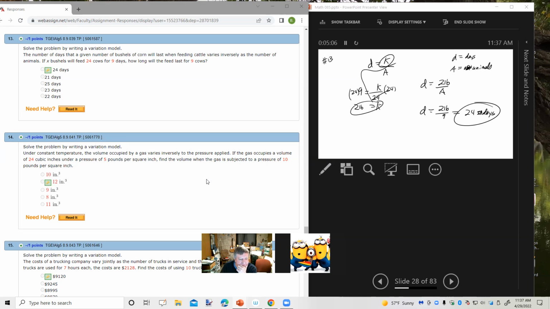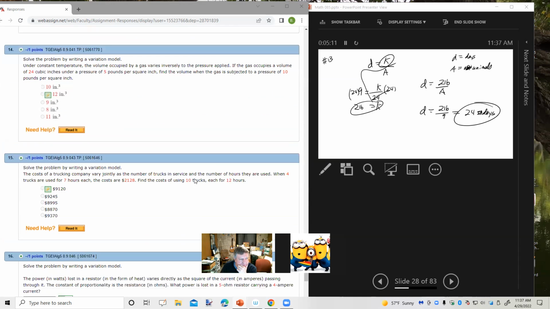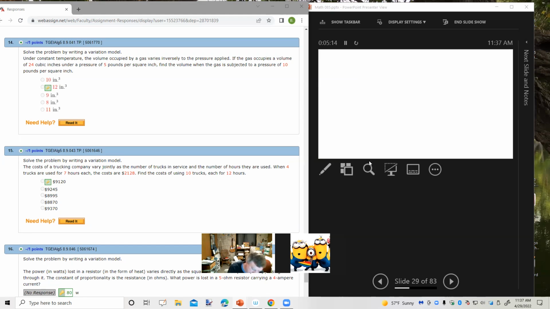I've been having issues with the wording ones. I need number 14. I just want to get more familiar with this so I could be ready just in case there's some in the test. Okay. Solve the problem by writing a variation formula. Under constant temperature, the volume occupied by a gas varies inversely to the pressure applied. So volume varies inversely to the pressure. V is volume and P is pressure.